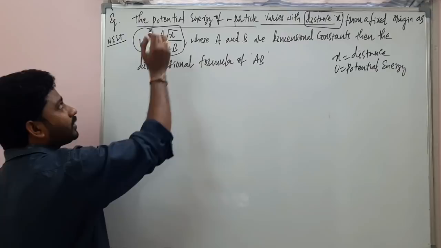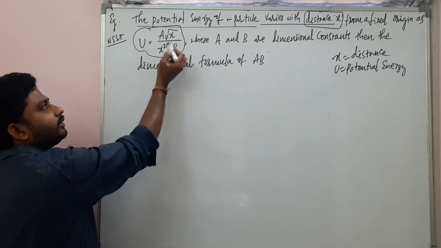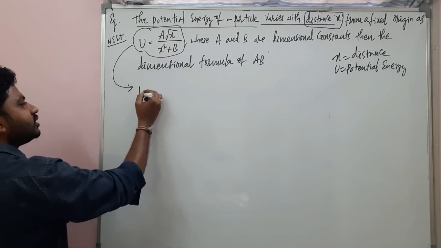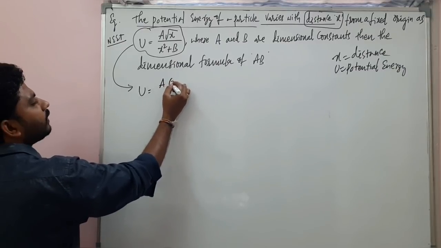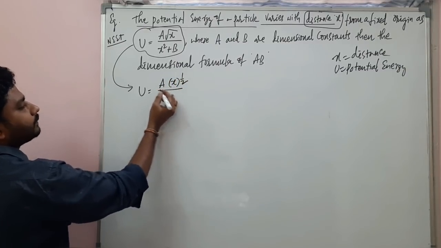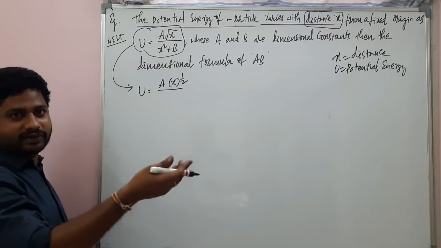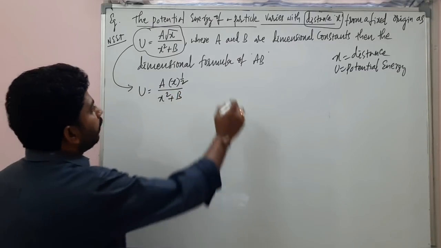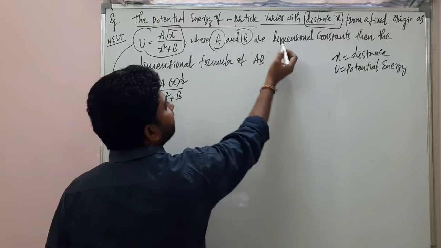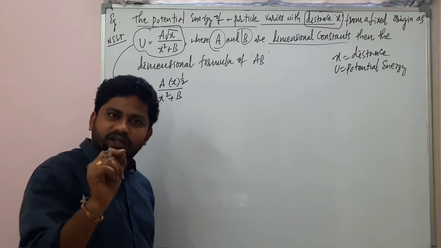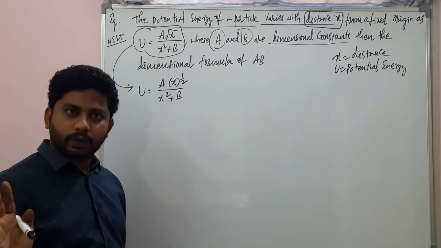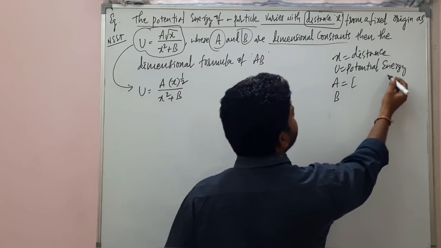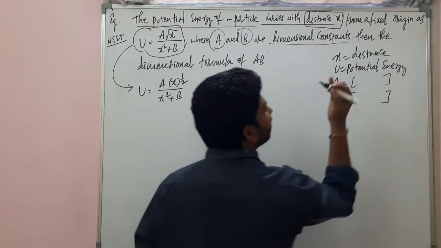See, the equation is U is equal to A root x divided by x square plus B. I am writing it as U is equal to A into x to the power 1 by 2, because root x, I can write as x raised to 1 by 2, divided by x square plus B. Where A and B are dimensional constants. Means these constants will have some dimensions. What the dimensions are, we will write after finding them.